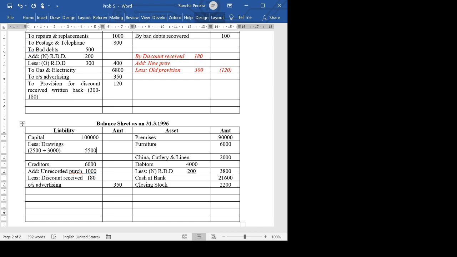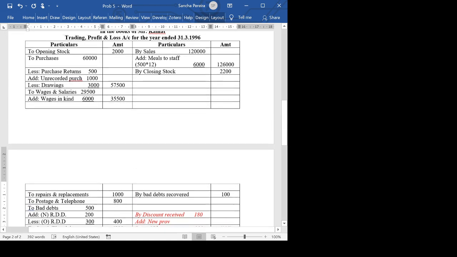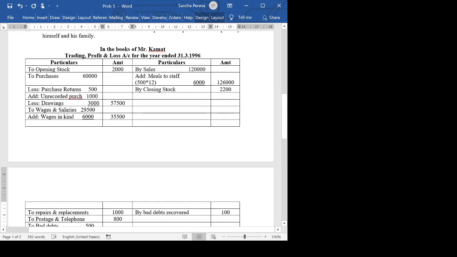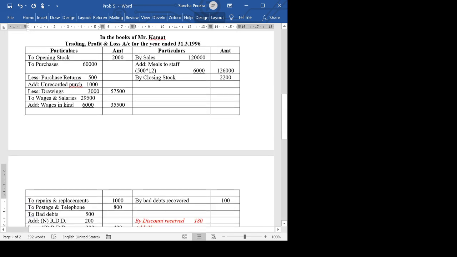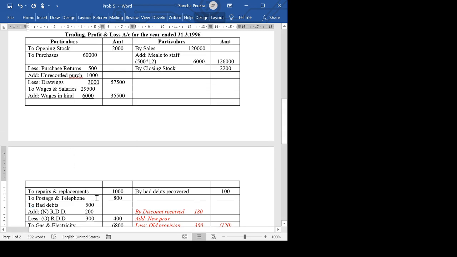Okay, so that's it. We just need to do the total. So the total here will be 1,26,000 plus 2,200 will be 1,28,200.